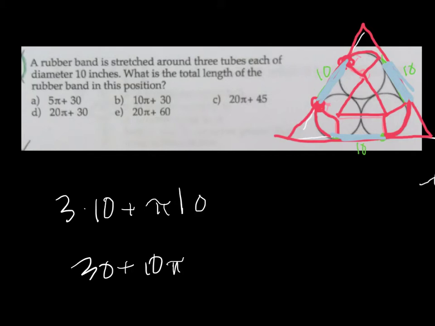But you can also guess these just with your pencil. This is a multiple choice test, right? So what we can do is say, this length right here in yellow is 10.